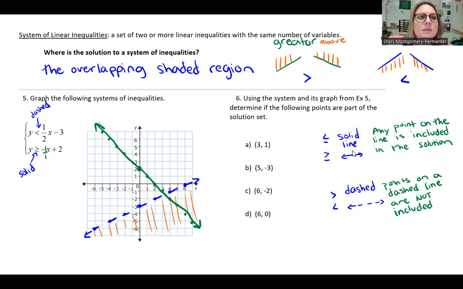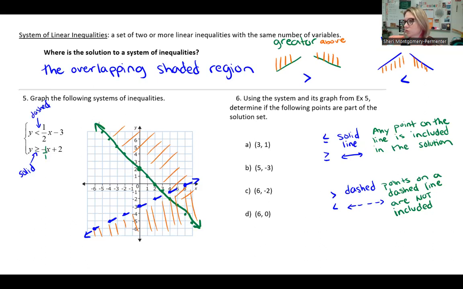And then does this symbol tell me that I shade above or below? Is it greater or less than? So I shade above. And so if I'm shading above, I have to shade right here because that's above the line. Can you see the overlapping shaded region?